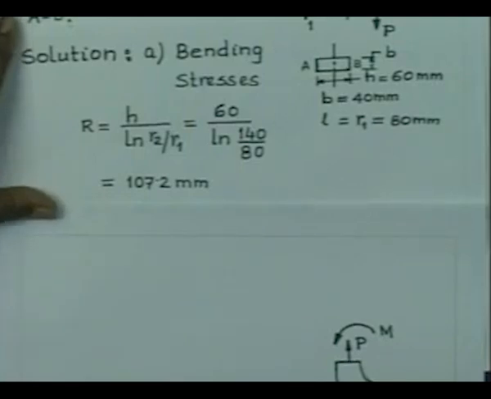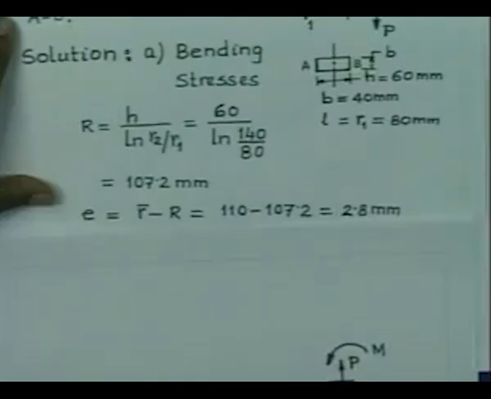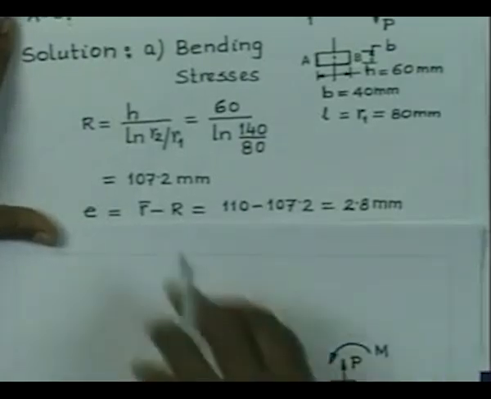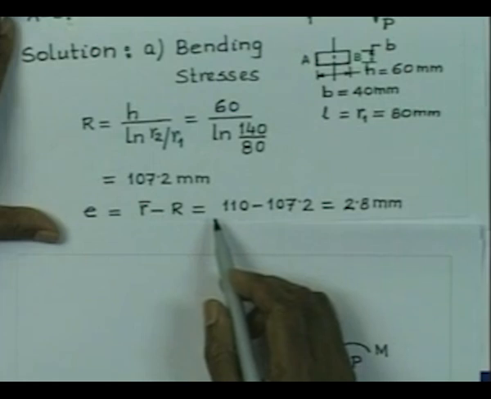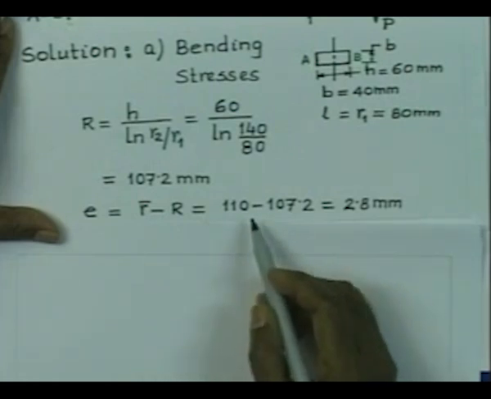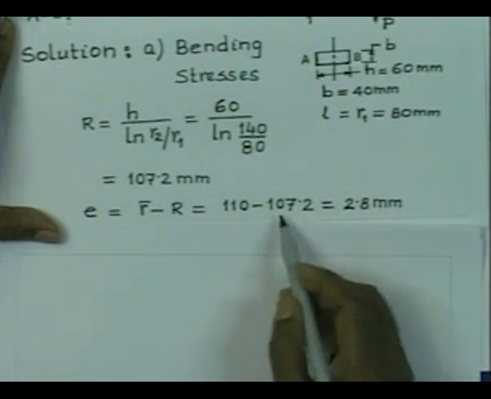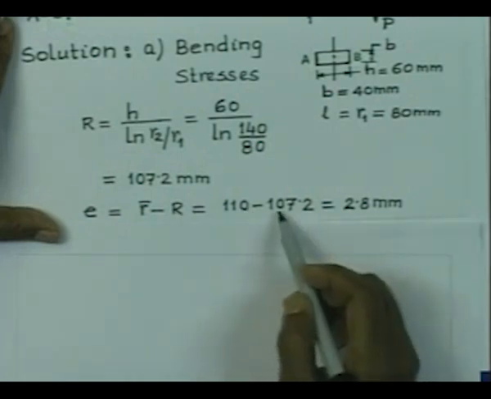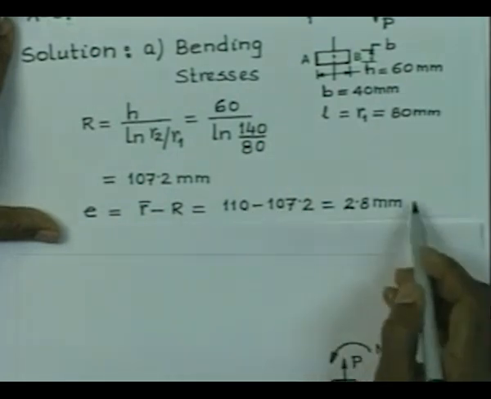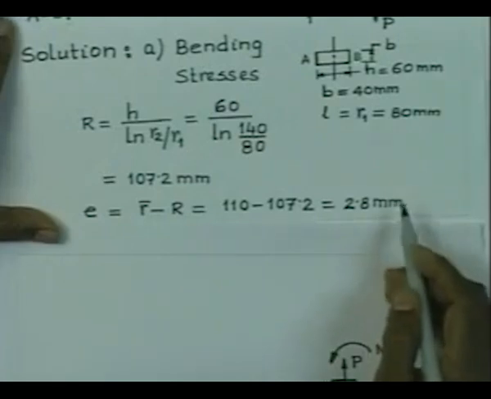This gives us R equal to 107.2 millimeter, and hence the eccentricity of the cross section is R bar minus R. R bar is the radius of curvature of the central axis, which is 80 plus 30, that is 110, and R is 107.2. So, we get the eccentricity as 2.8 millimeter.